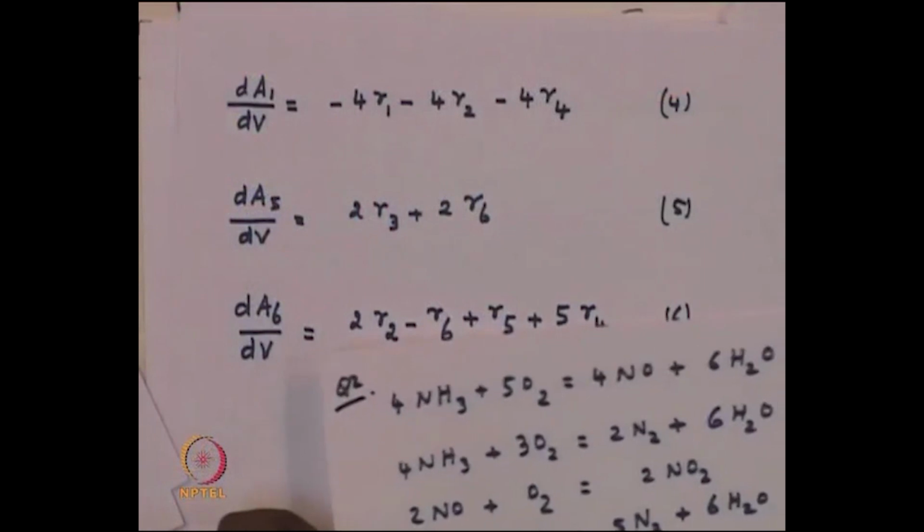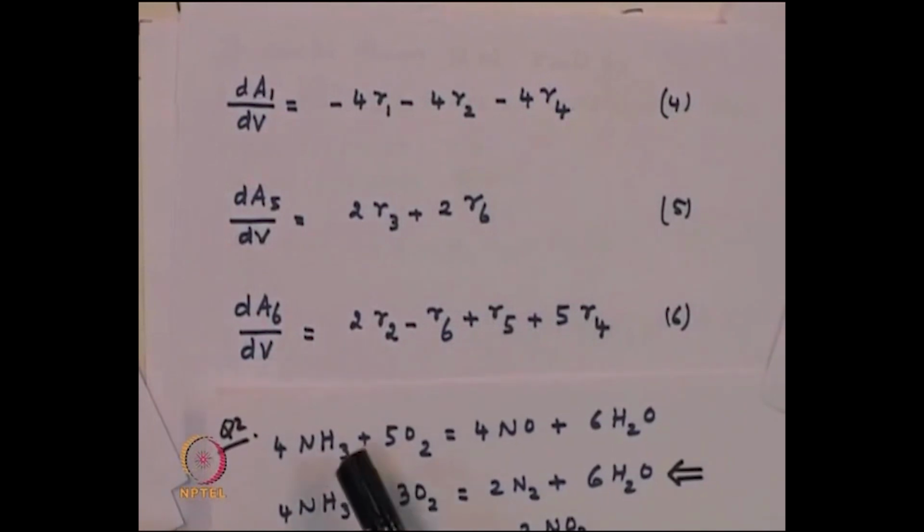In our material balance, the left hand side is about what happens to our measurement. The right hand side is what happens to the reaction. So, the left hand side is d by dV of A1, therefore, we can replace that from our stoichiometric table. Our right hand side are the rate processes. If I ask you which are the rate processes in which A1 is involved, A1 is what?